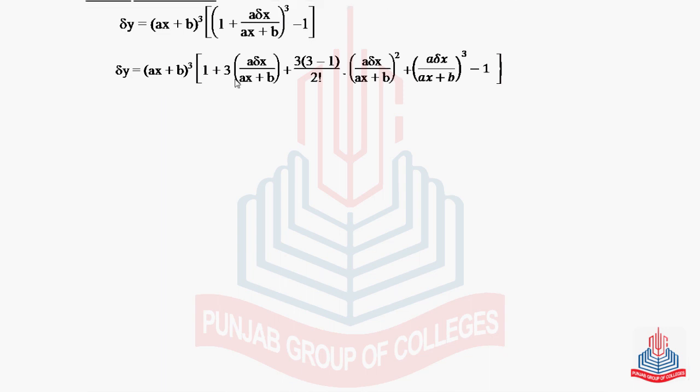And now delta y is equal to (ax + b) whole cube and 1 plus nx. Here n is 3 and x is a delta x over (ax + b), plus n into (n minus 1), which is 3 into (3 minus 1), over 2 factorial, times (a delta x over (ax + b)) whole square, plus this one is our last term, so that will have a coefficient which is 1, (a delta x over (ax + b)) whole cube, minus 1.